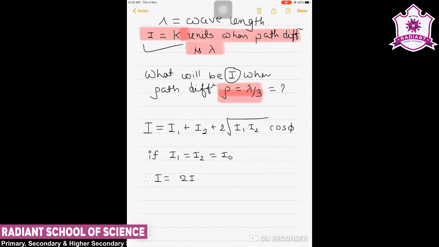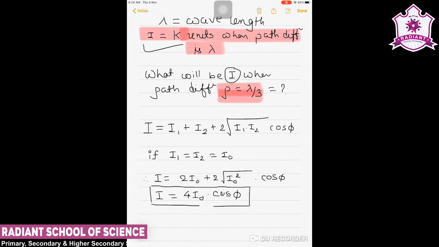2I0 plus 2 I0 square cos phi. Now this will be ultimately 4I0 cos phi. Now this is the equation for the intensity.